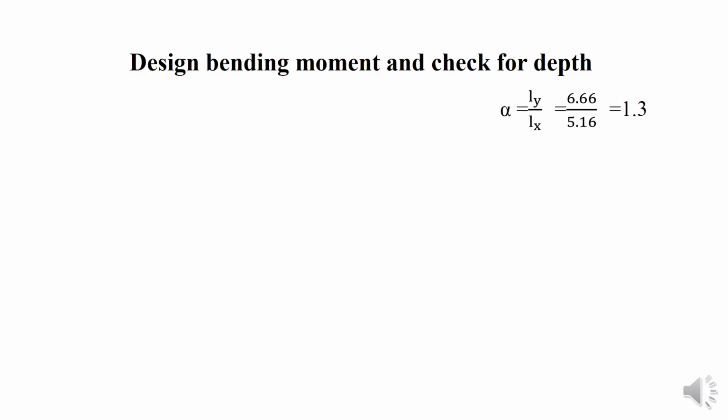Next we have to find out the design bending moment as well as the check for depth. First we have to find the alpha value, that is Ly by Lx, which is equal to 1.3. The moment along the x direction, Mx, is equal to alpha x into Wu into Lx square, like My is equal to alpha y into Wu into Lx square.